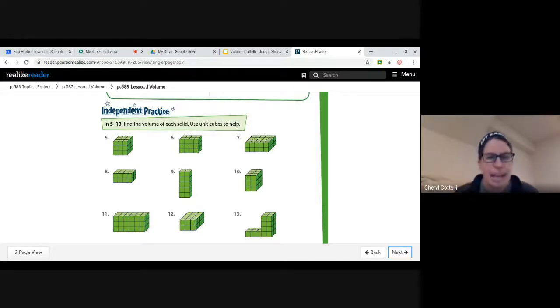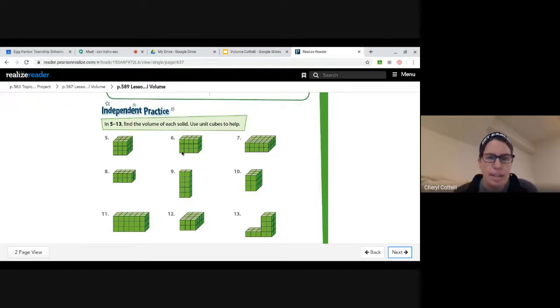And then the height, which would be 3. So 3 times 3 is 9, and 9 times 3 is 27. Your answer would be 27 cubic units, because they didn't give you exactly what the size is.